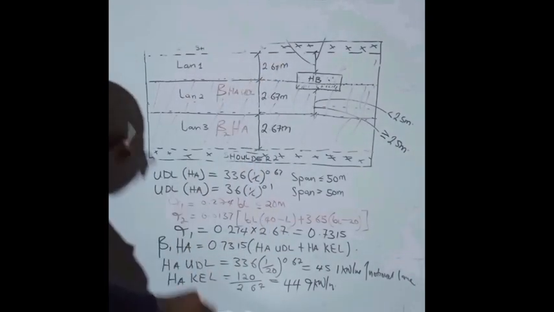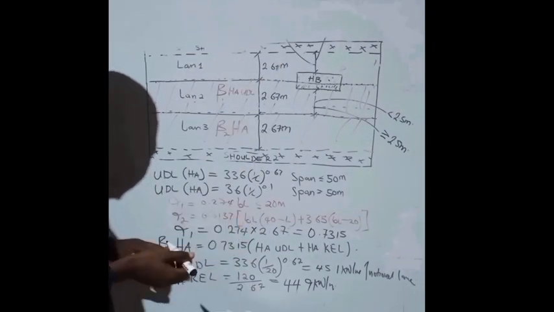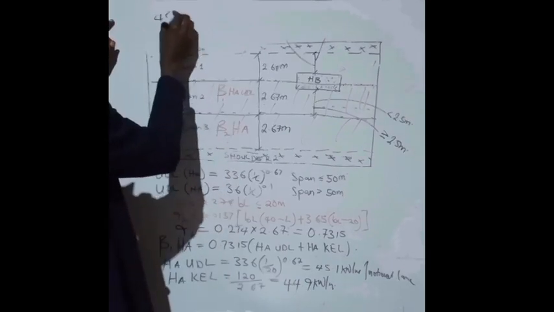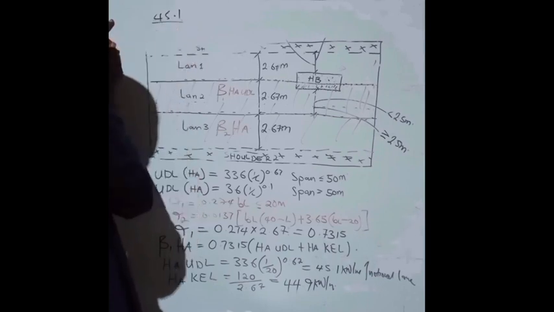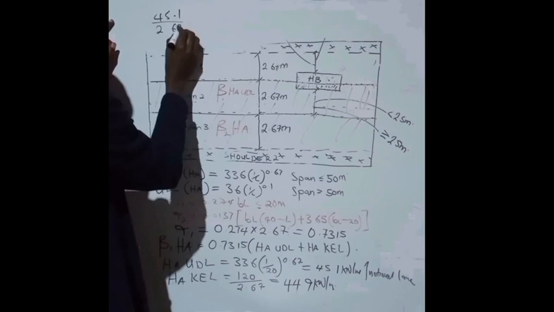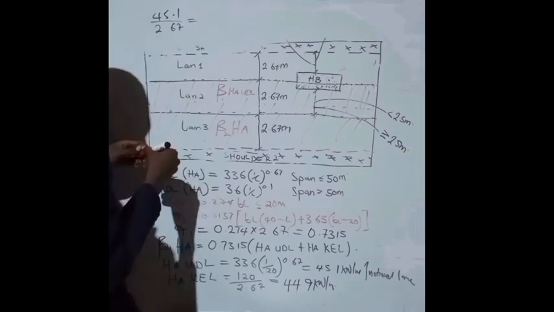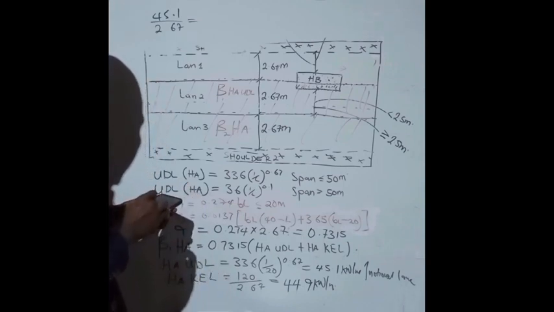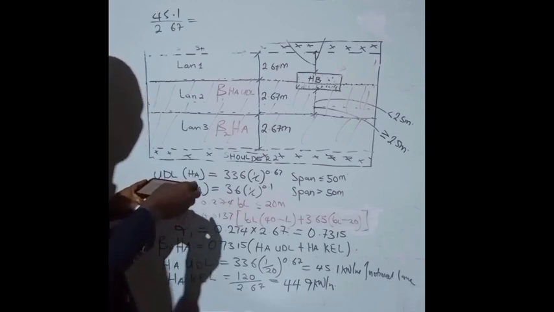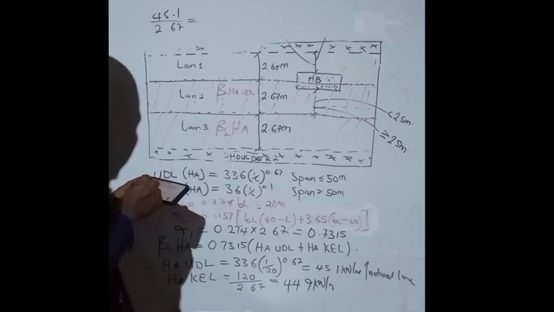We'll have our HAUDL here to be 45.1 divided by national lane width of 2.67.